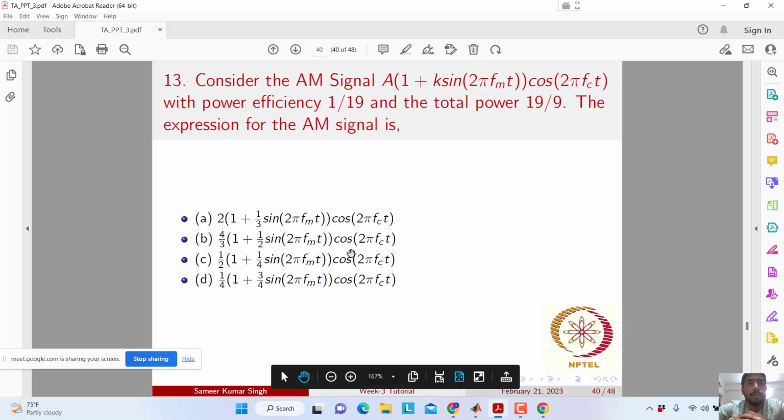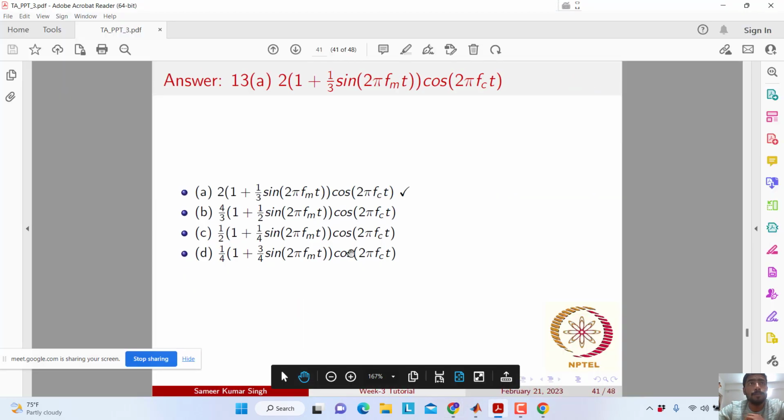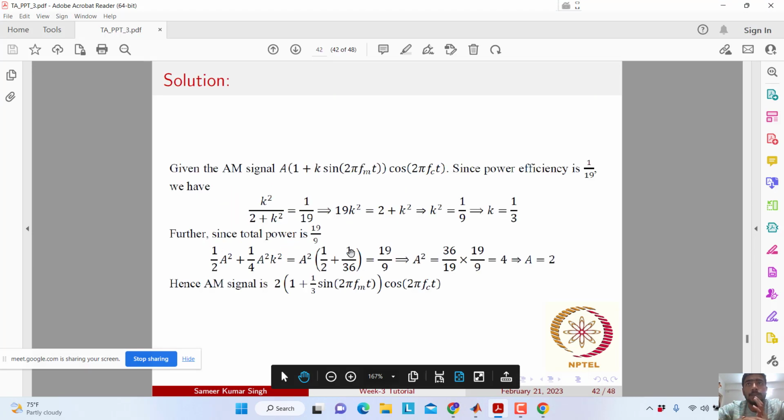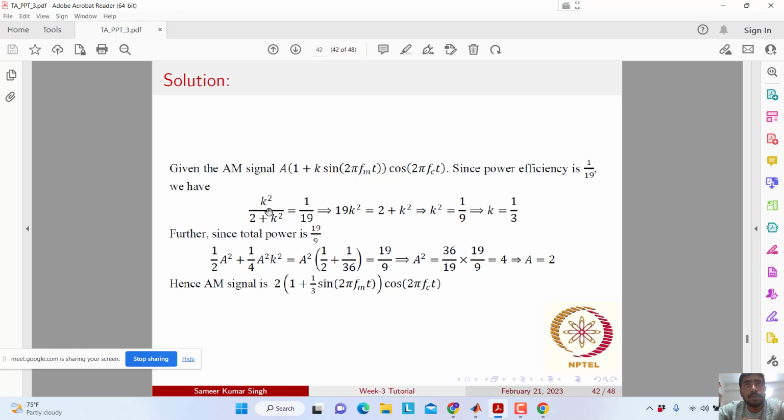Okay, answer will be A part. That is the explanation. We have power efficiency, and we know the formula of the power efficiency for the sinusoidal message signal. That is mu square upon 2 plus mu square, or k square upon 2 plus k square. From there we can calculate the modulation index. That is the mathematics, and it will become 1 by 3.